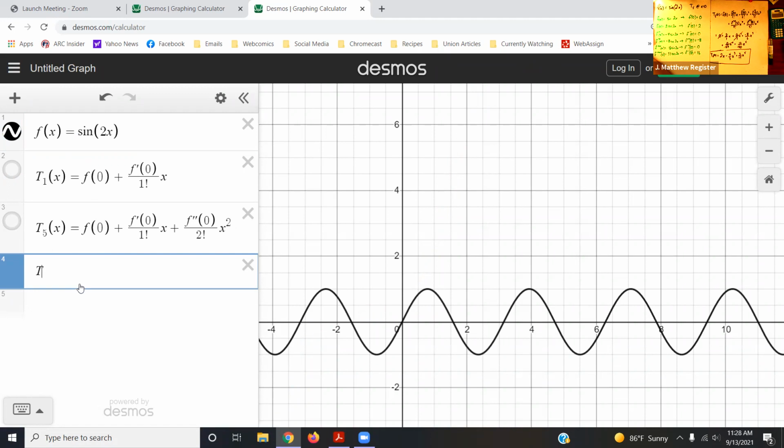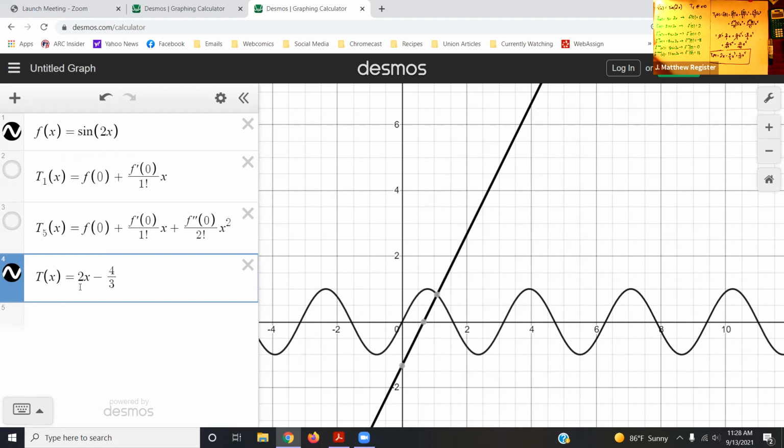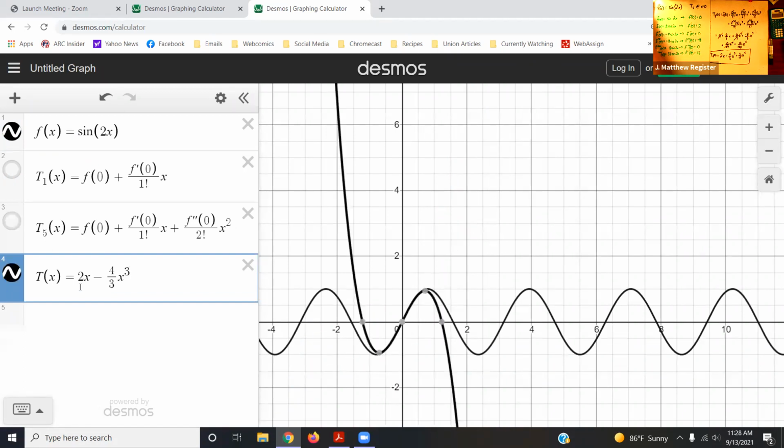Let's just call it t of x. And it is 2x minus 4/3 x cubed plus 2/15 of x to the 5th.